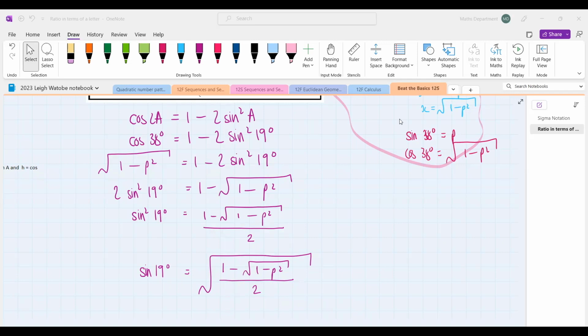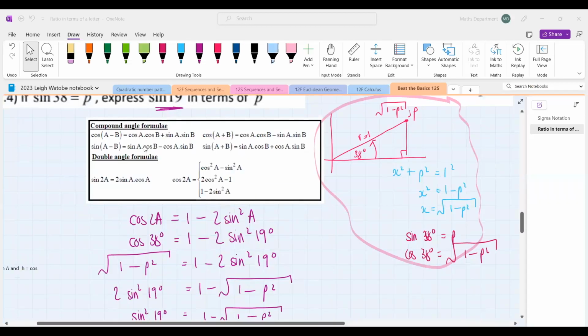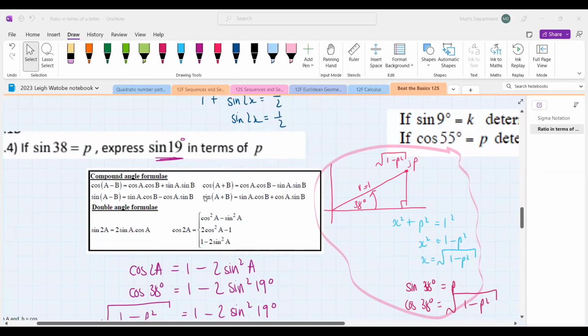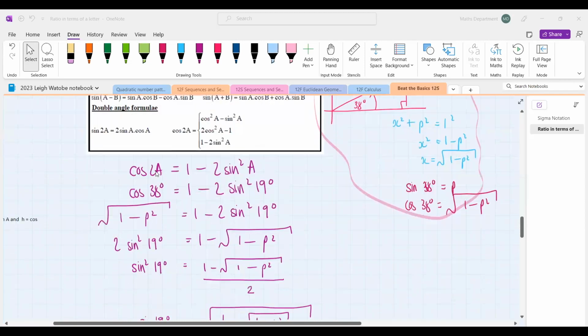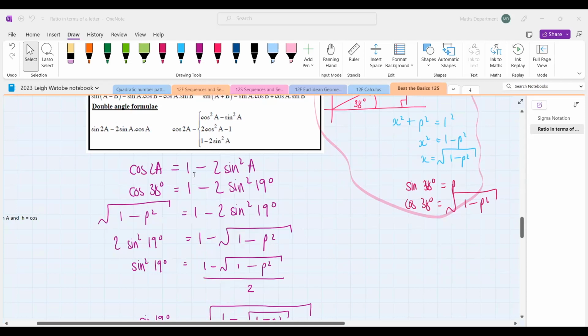Okay, Olorato. Yes. So it depends on what you want to solve for, Lisa Kanya. If they said express cos 19, then we would have used cos 2a equals 2 cos squared a minus 1. Okay, but because they wanted sine 19, we had to make cos 2a equal to 1 minus 2 sine squared a.